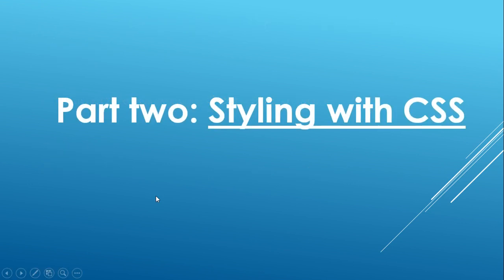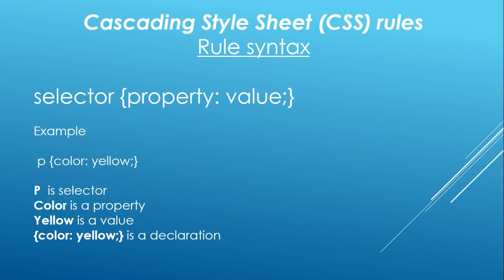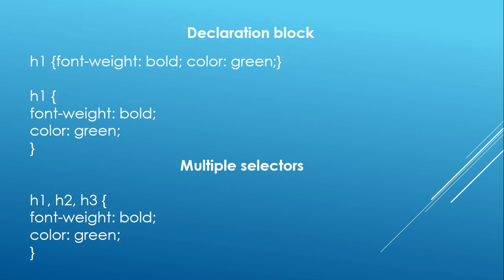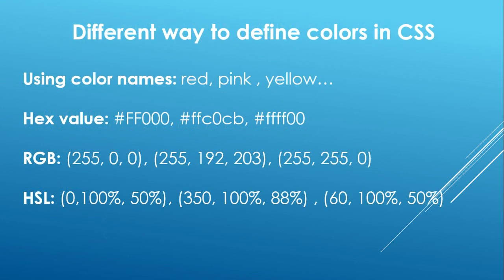And the second part of the course was styling with CSS, where you were introduced to the style elements. You were introduced to how to add style tags, modifying your page dynamically, specifying foreground and background colors. We saw the hrefs, reference, cascading style sheet rules, and how to properly type HTML or CSS rules.